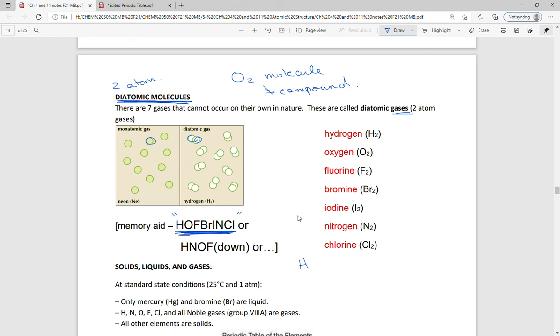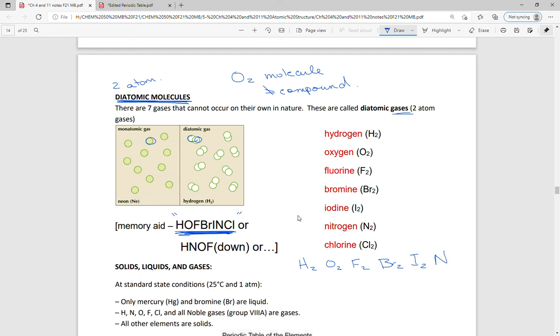So hydrogen is H2, oxygen is always O2, fluorine is always F2, so that's the Hof. Brinkle: Br2 is bromine gas. I is iodine, but it always hangs out with 2 atoms of iodine, so I2.